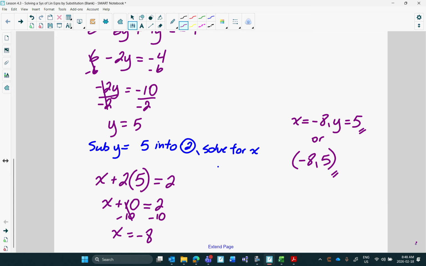So you've got to know your algebra to do ones like this, okay? That's why we spent a lot of time doing that stuff last year. And you can check your answers too if you want to.